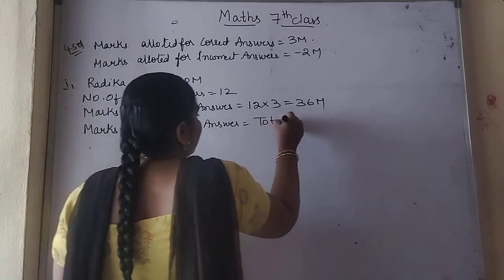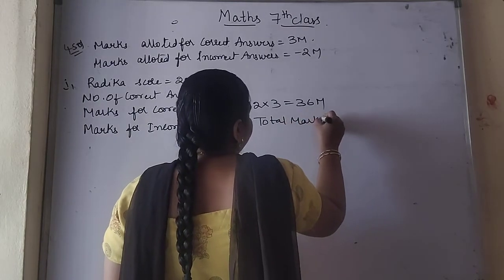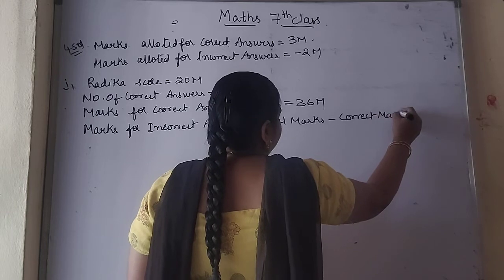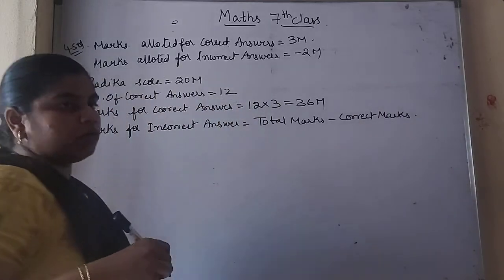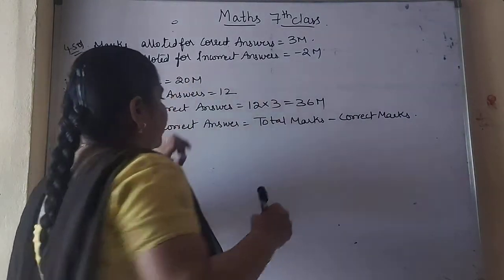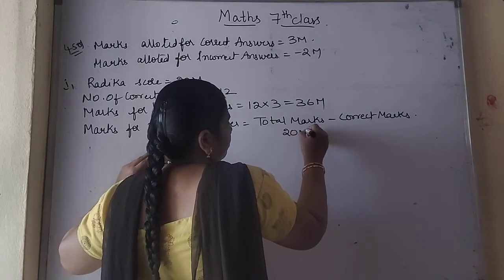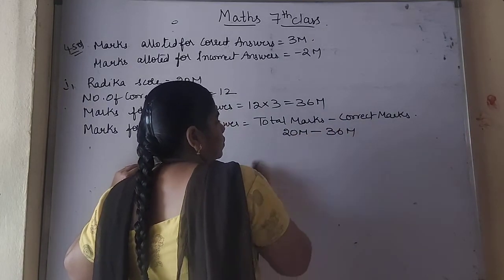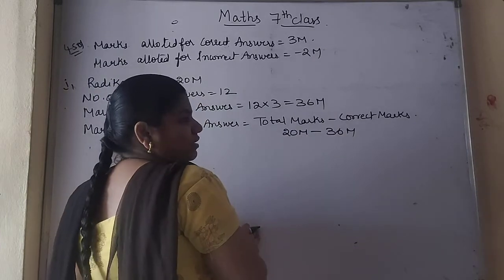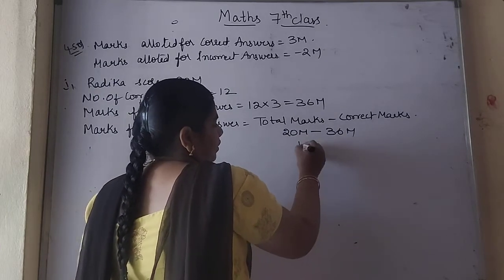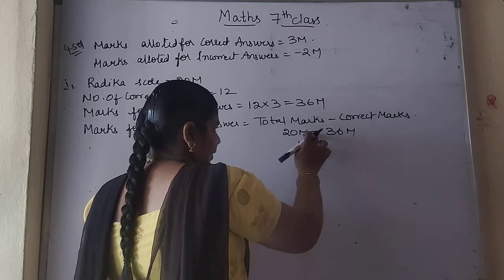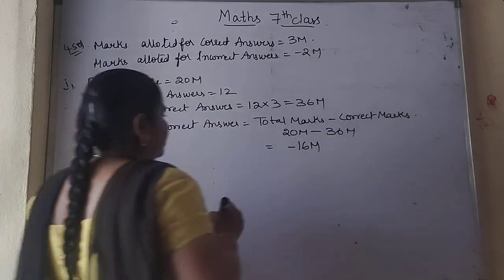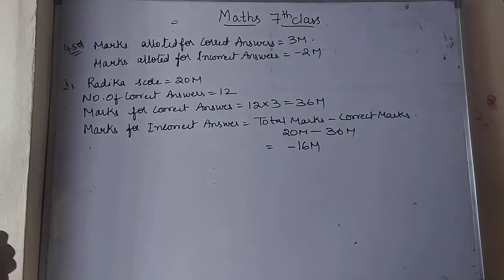From total marks, if you take out correct marks, the remaining will be incorrect only. So what are the total marks here? 20 minus correct marks 36. 20 minus 36, the bigger number's sign is minus, so 36 minus 20 will be 16 with a minus sign.